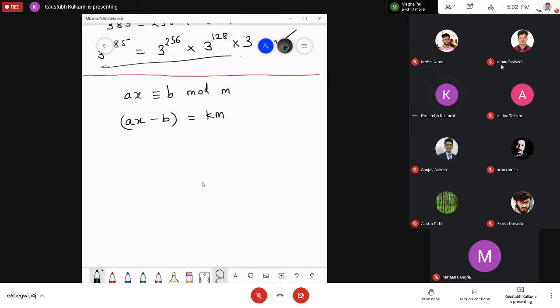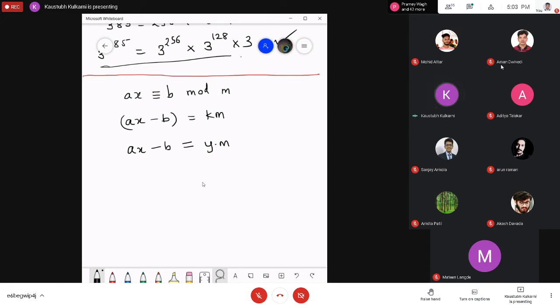Okay. Now, instead of k, because I want to use some other terminology. K is just an integer. So I can use any other alphabet in place of k. What if instead of k I use y, so it is equal to y times m?